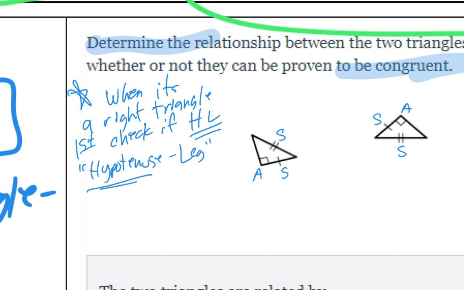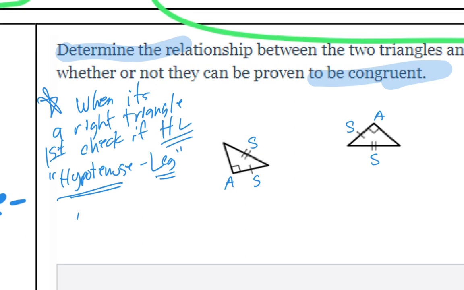So if we have the hypotenuse and a leg, then it's going to use HL. Now, what's the hypotenuse in a right triangle? Remember, the hypotenuse is always across from that right angle. Okay, that's always the hypotenuse. And then this is called a leg, and this also is called a leg. So the hypotenuse is opposite the right angle.